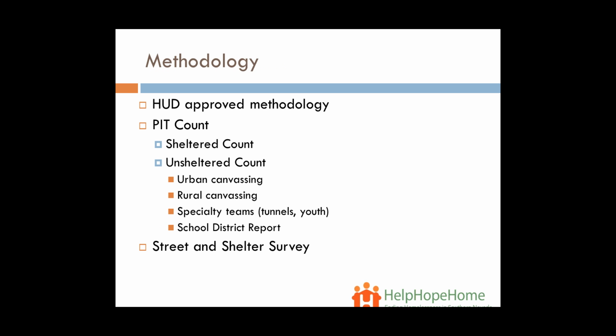So generally, our methodology, we follow the methodology that William was so thorough about discussing just a few minutes ago. That includes our shelter count as well as our unsheltered count.